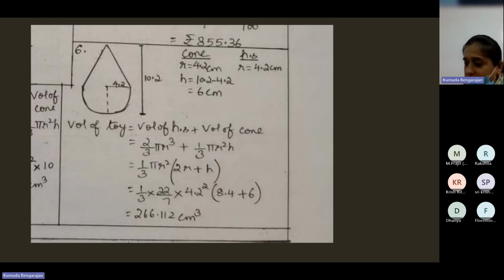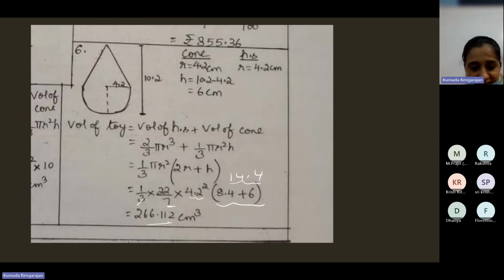So I can see that this one is what? 14.4. Now this is divisible by 3 because 4 plus 4, 8, 8 plus 1, 9. Test of divisibility. So this 3 and this one will get cancelled. And then 4.2 is divisible by 7.